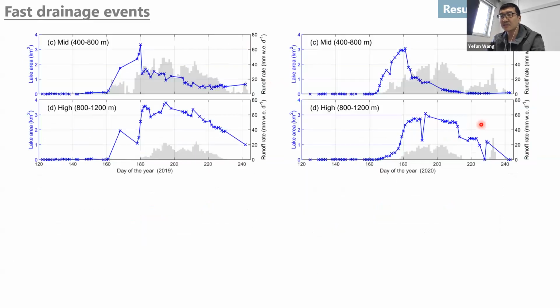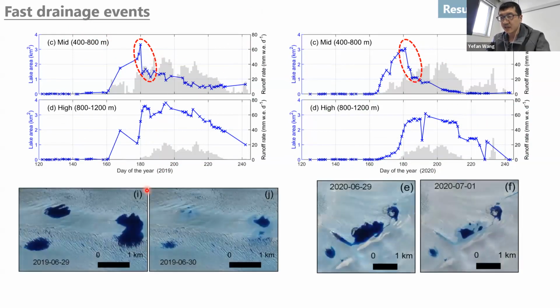So why does it happen? We calculate the lake areas in different elevation bands. For example, in 2019 and 2020, we can see there is a huge decrease in the middle of the melting seasons. So what happens? We check these satellite images, and we can see that there are fast drainage events for these years.